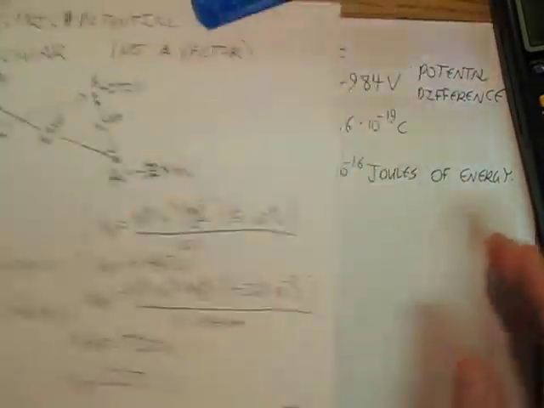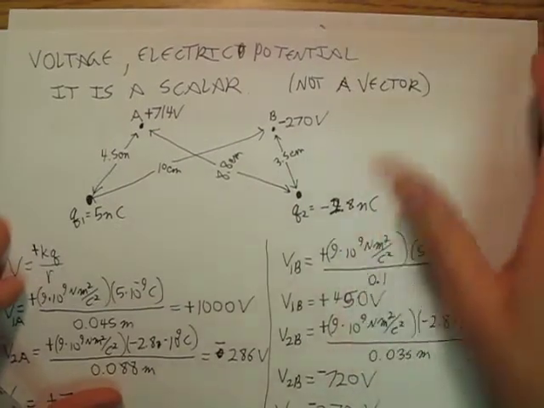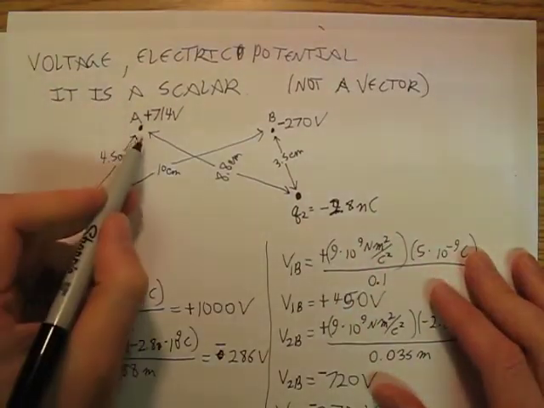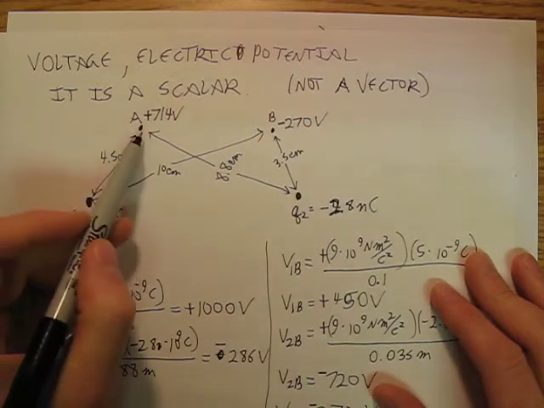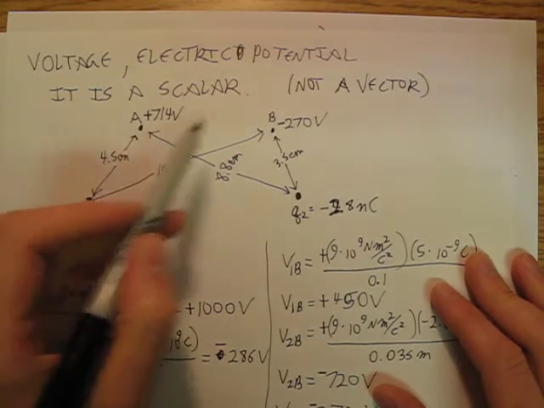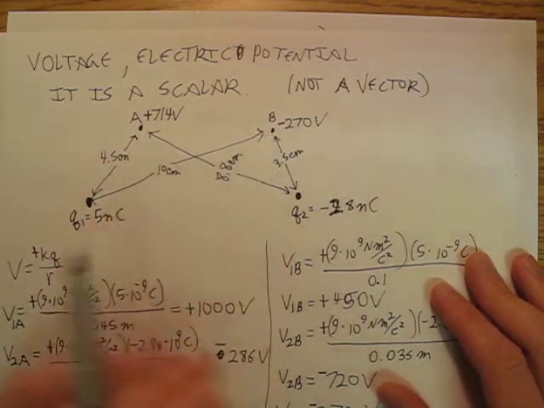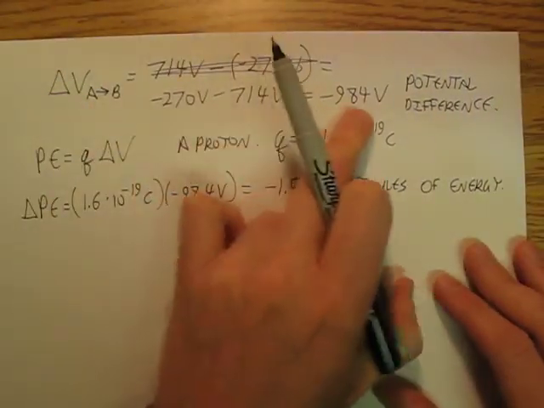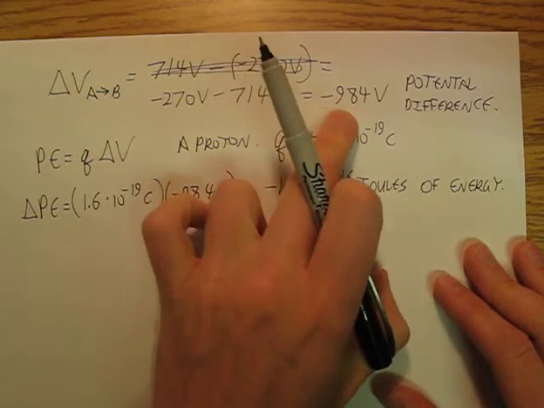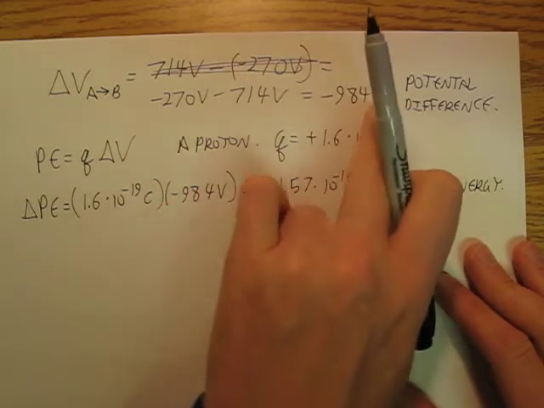So a proton moving from point A to point B is going to go from a voltage of 714 volts to negative 270 volts. So it's going to change by negative 984 volts.